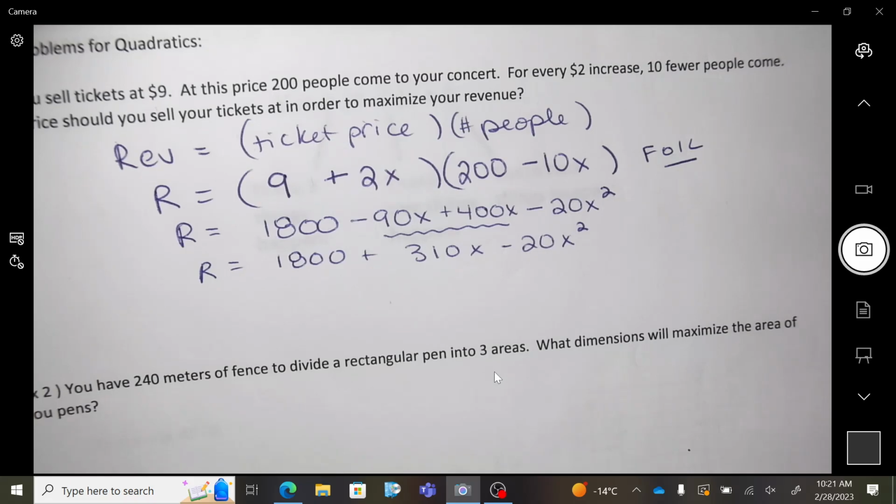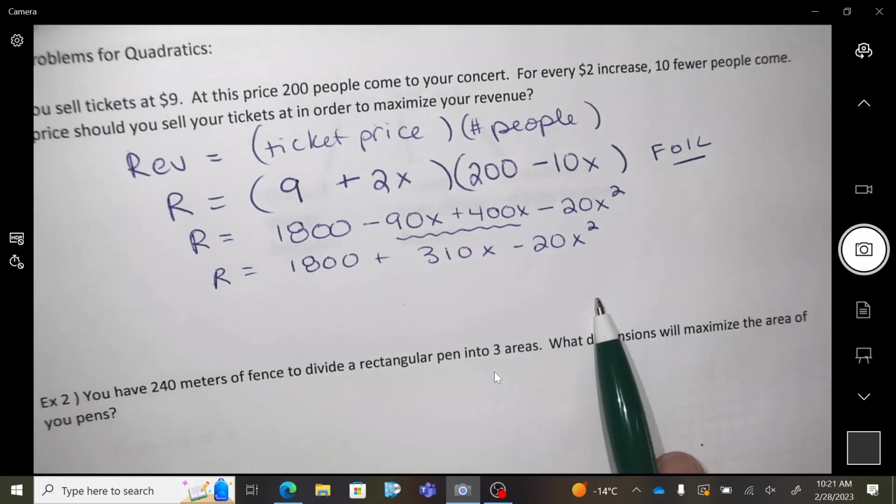Okay, so all you did right now is that you've developed a quadratic function for this problem. That's what you've done. You've developed your own quadratic equation.